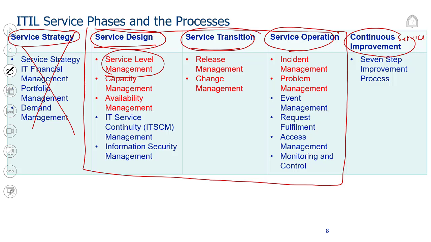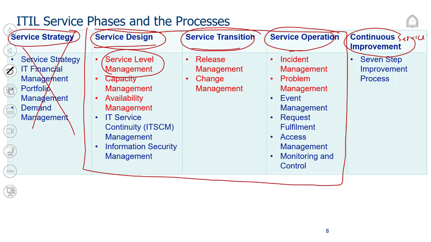Service level management is where we agree with our customers. Remember, IT as a department is providing services to the business. So our clients are the business customers. Also, some of the IT staff are our clients, okay? So we need to agree with them on what is the acceptable time when they raise, for example, an incident or they need something to be done, how long that thing should take.